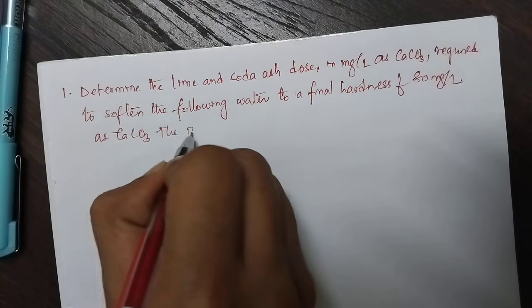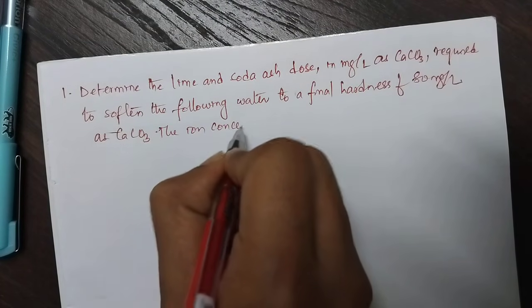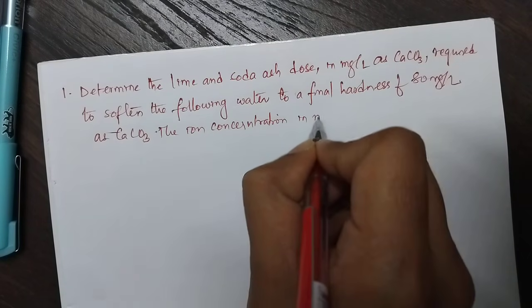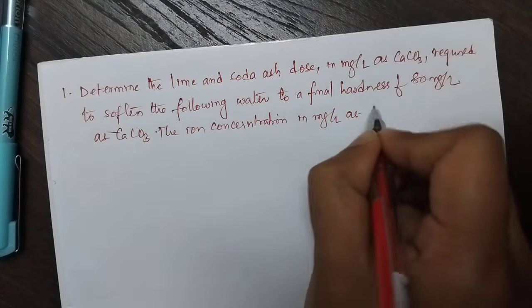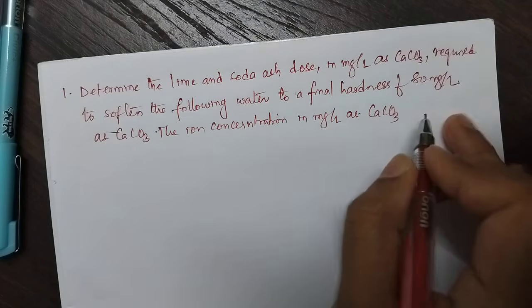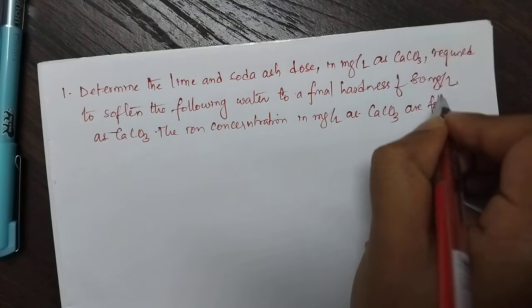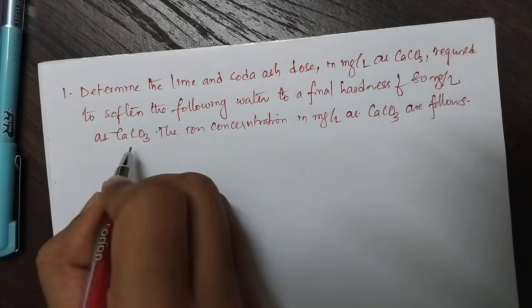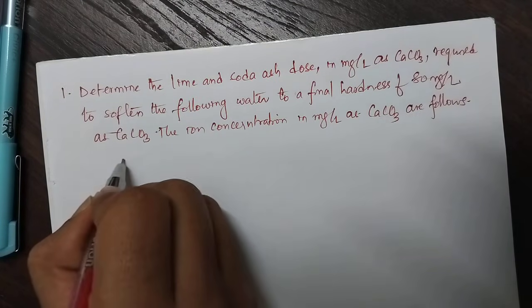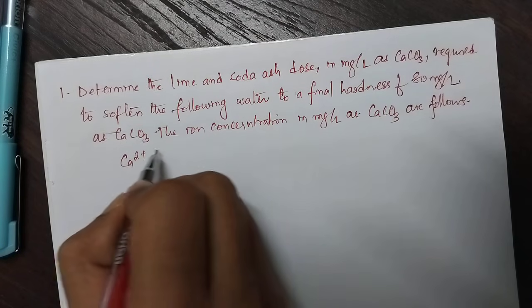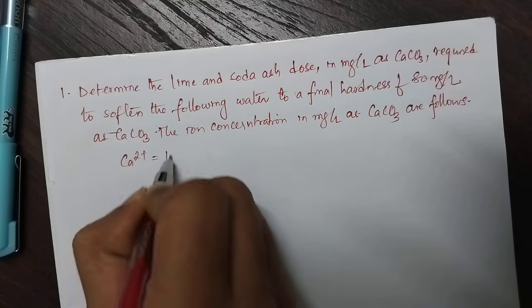The ion concentrations in milligram per liter as CaCO3 are as follows. The concentration of Ca2+ is 120.